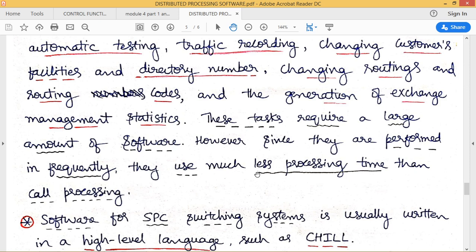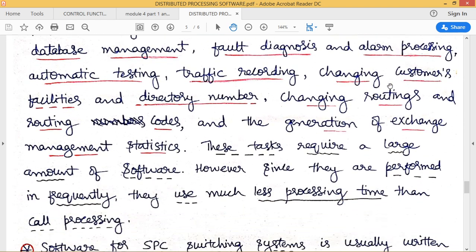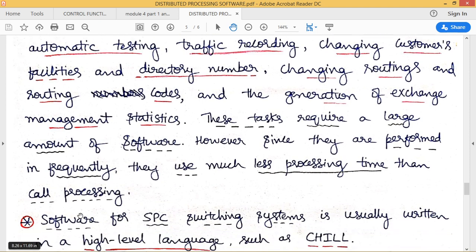We know the central processor must handle calls also, that is what call processing is, and it also has to perform all other administrative tasks. Generally all administrative tasks are performed infrequently, and they should use less processing time than the call processing time required in establishing the call.